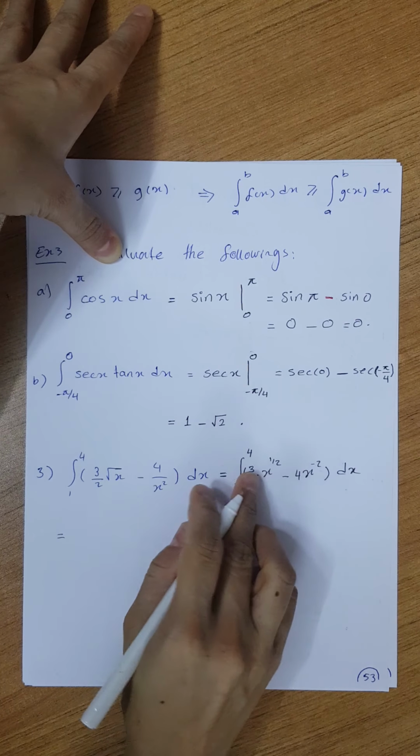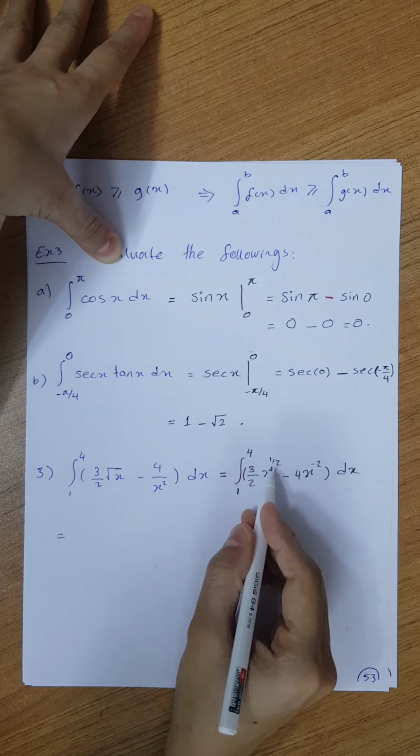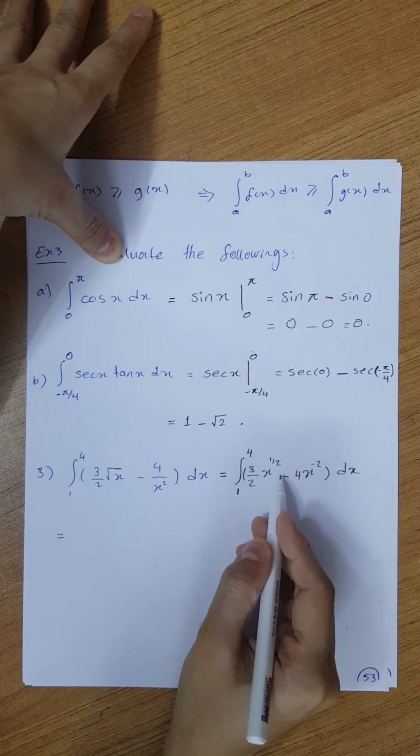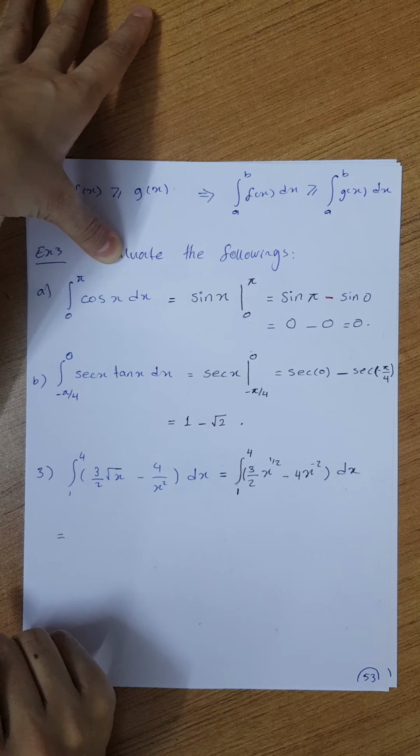Integration of this one is x to the power of 1 over 2 plus 1, because integration increases the power by 1. So that will be x to the power of 3 over 2 over 3 over 2. The 3 over 2 underneath is cancelled with this one.